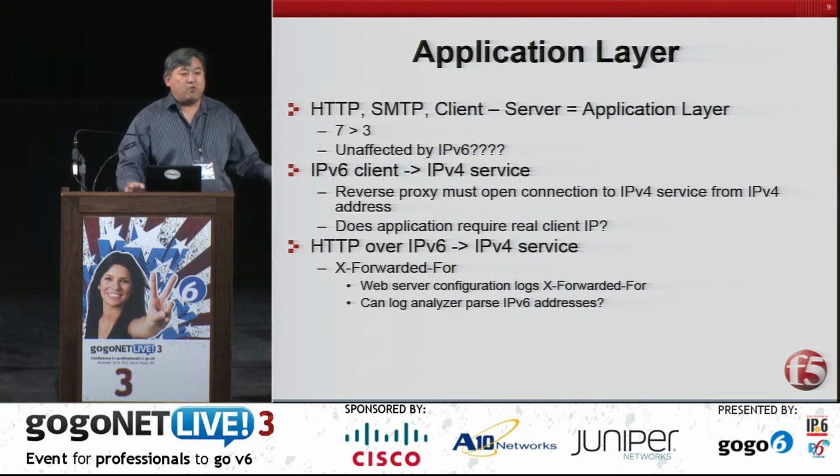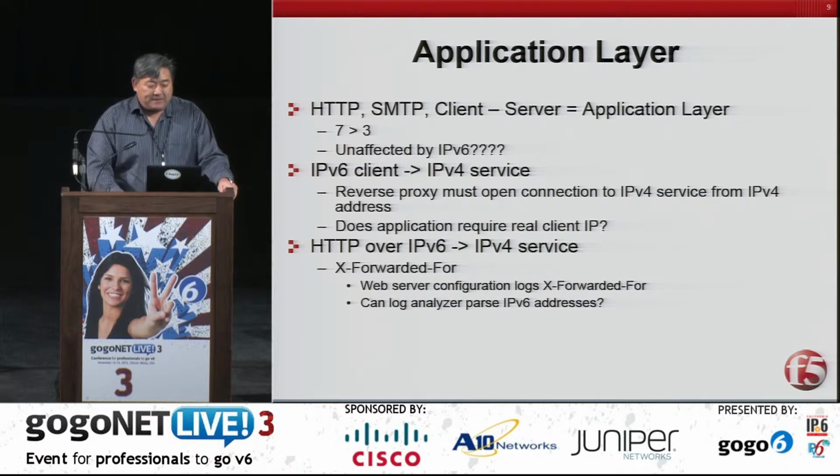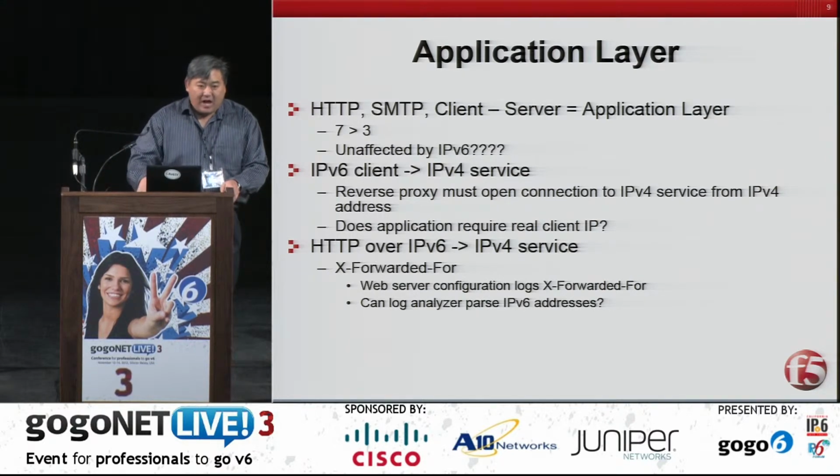And you would say, well, why is this? Well, the first thing is that, number one, remember I said before that the reverse proxy has to open up a connection to your IPv4 resources when you're adding this as a gateway. Well, that connection has to come from an IPv4 address.